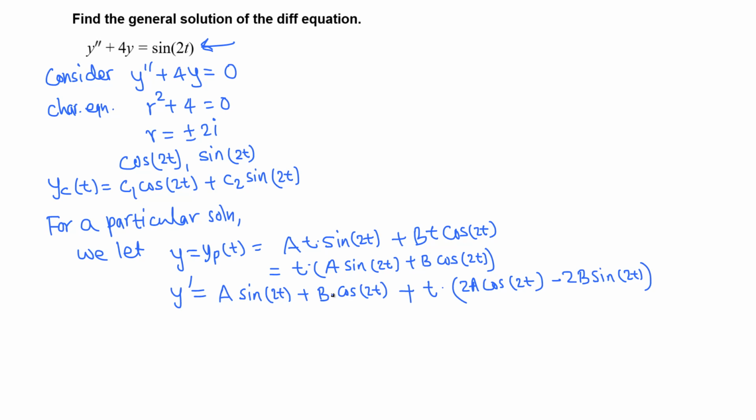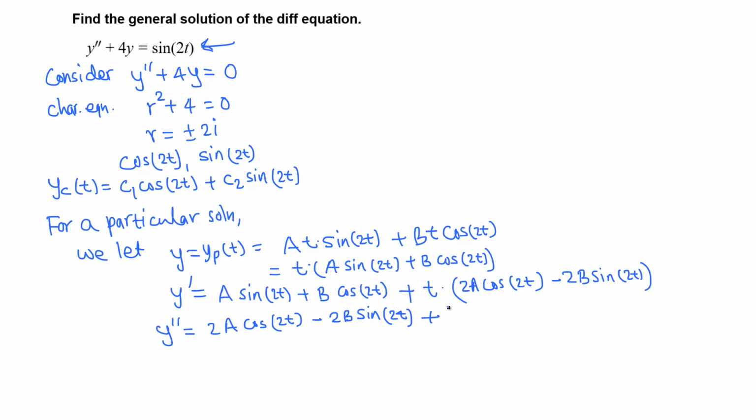Now this is y prime, we need to find y double prime. So let's find the derivative one more time. a is constant, so we don't have to use the product rule. The derivative of sine is cosine, and 2 jumps outside, 2a cosine 2t. The derivative of cosine is negative sine, so negative 2b sine 2t. Plus, here we need to use the product rule like last time.